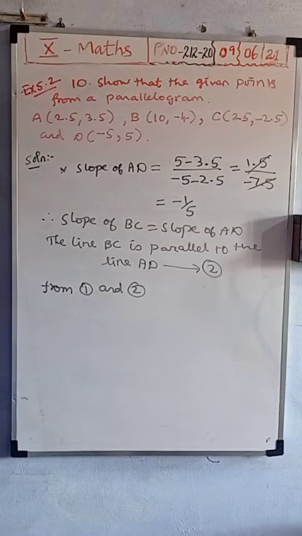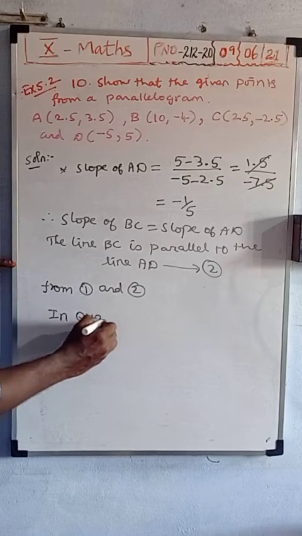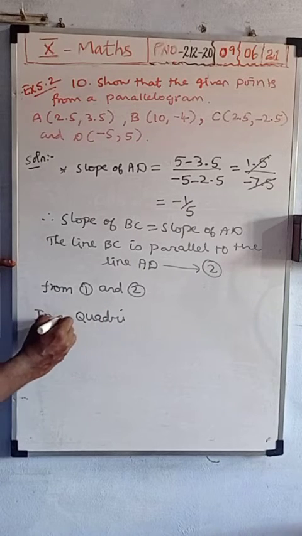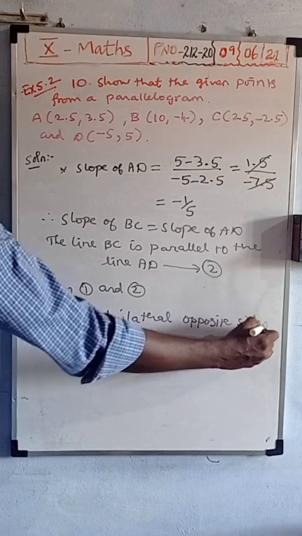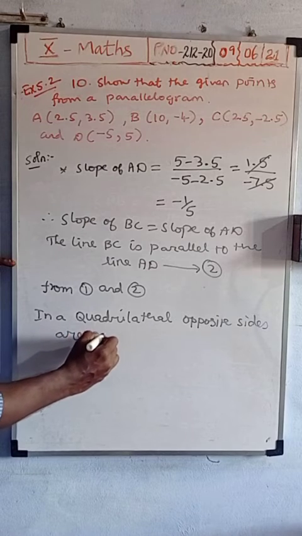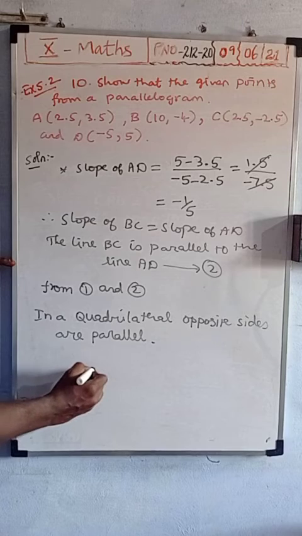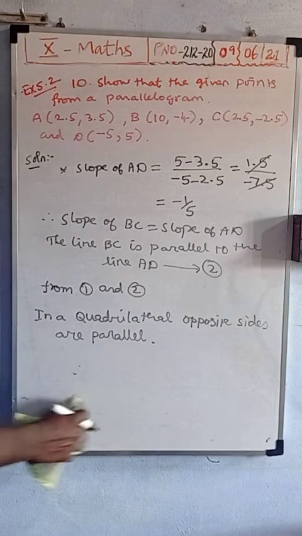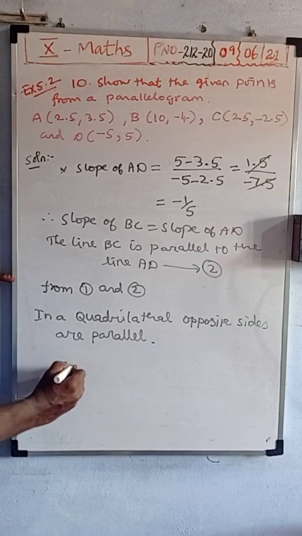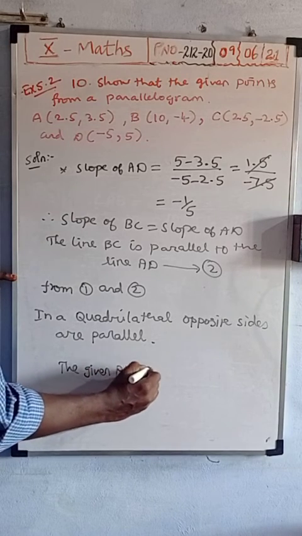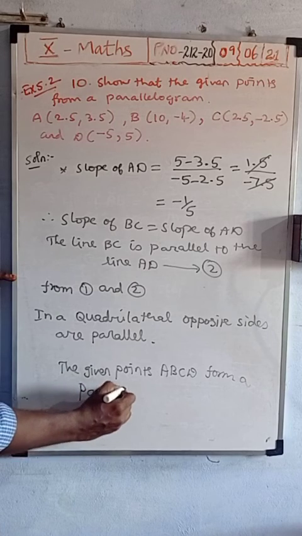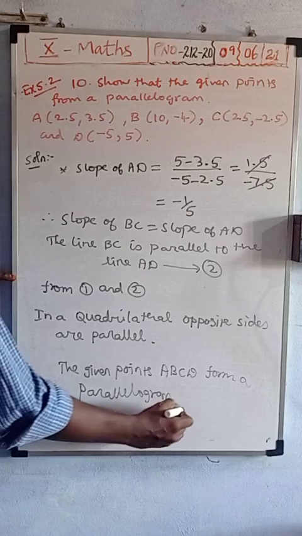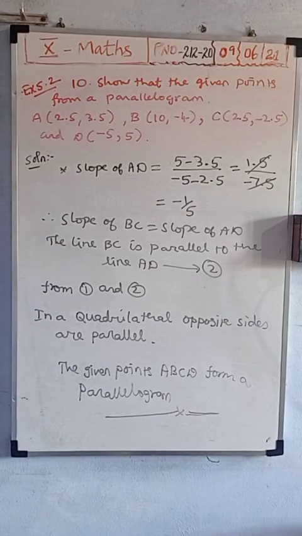Therefore, from 1 and 2, in a quadrilateral opposite sides are parallel. Therefore the given points A, B, C, D form a parallelogram. Why? Because we received that opposite sides are parallel in the quadrilateral. Therefore the given points ABCD form a parallelogram. Okay, that's all.